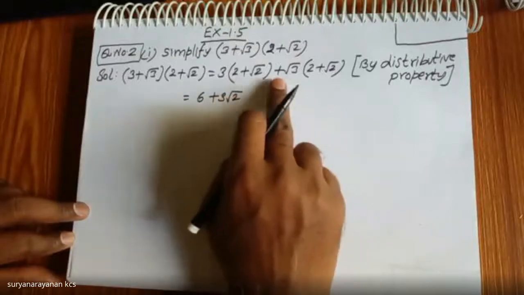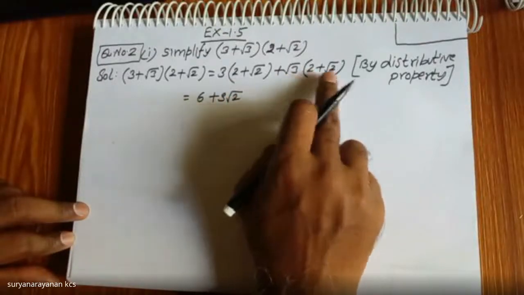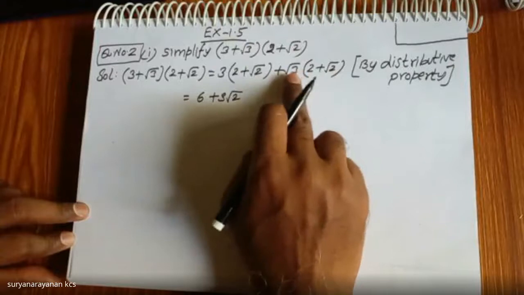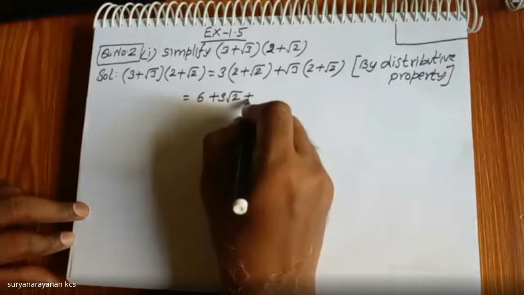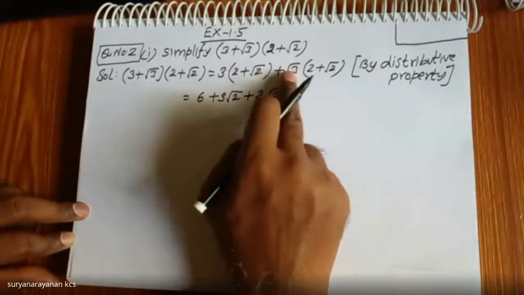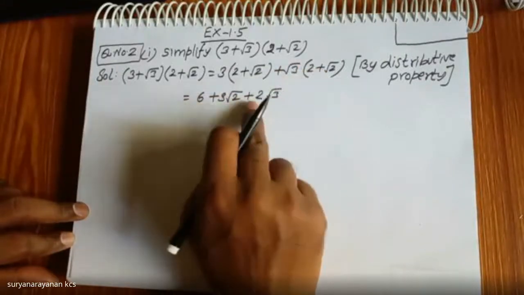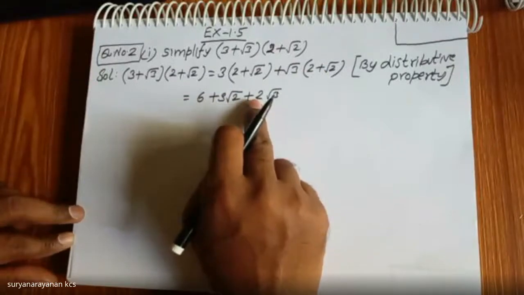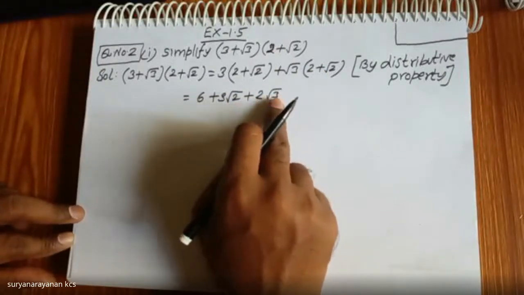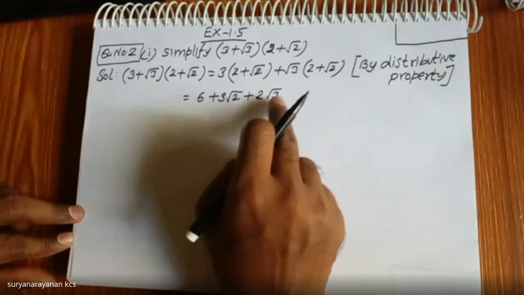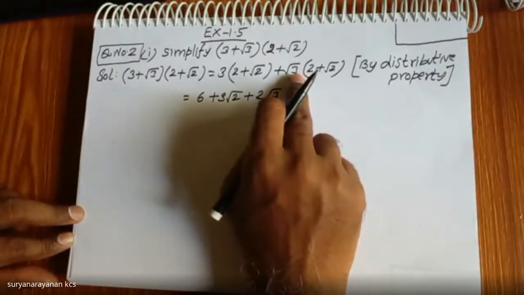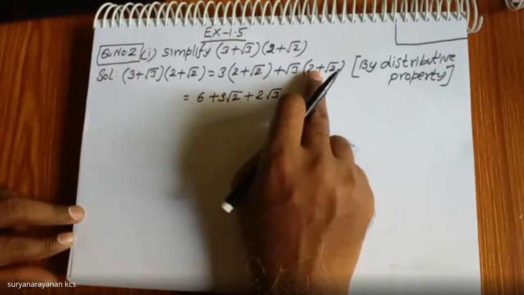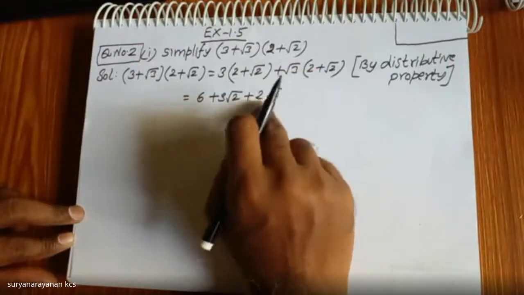Now come to the second term. Here root 3 into (2 plus root 2) is there. Here also we have to multiply. So plus 2 root 3. Don't write root 3 2. In general, we write the rational part first and the irrational part second, so 2 root 3.